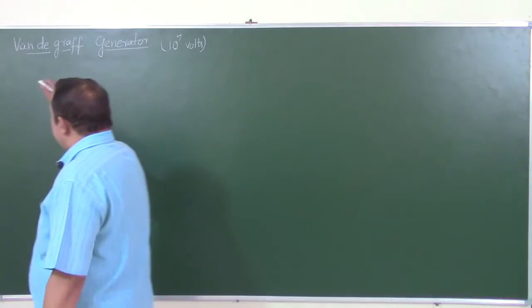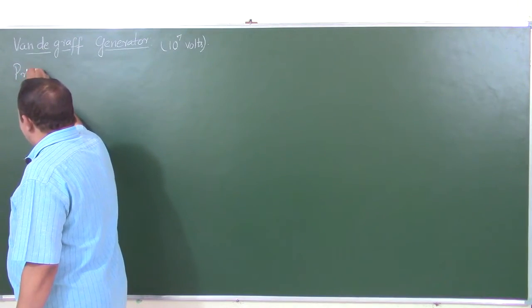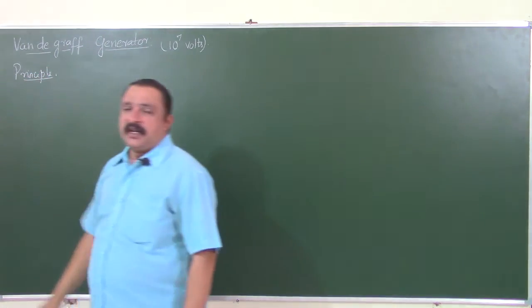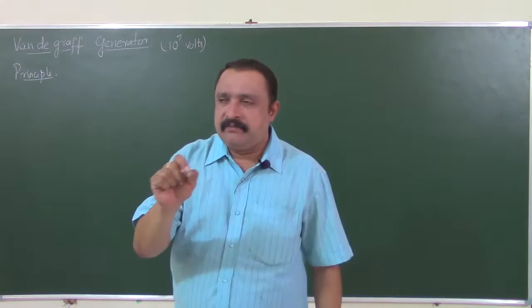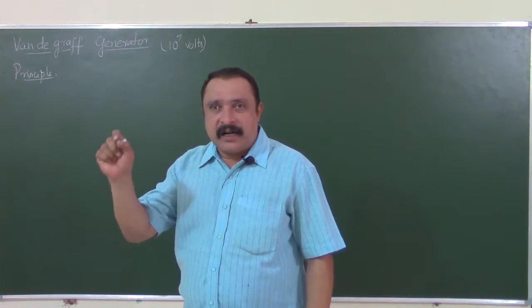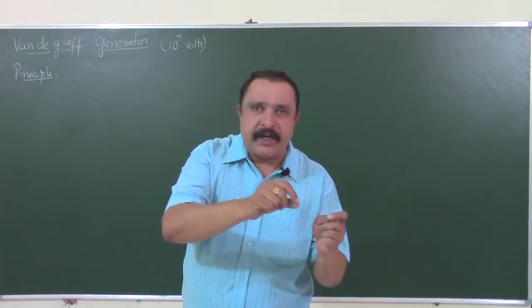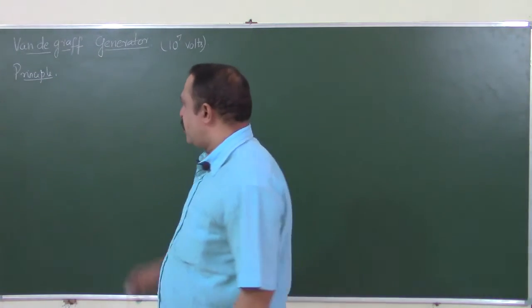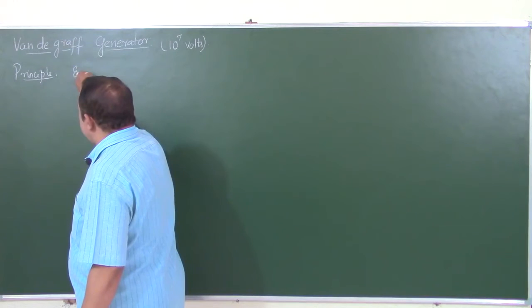I told you the definition. Now, I will tell you the principle upon which this machine works. It works on a very simple principle that electric charges travel from a region of higher voltage or higher concentration to the region of lower concentration. I will put that in a simple sentence.